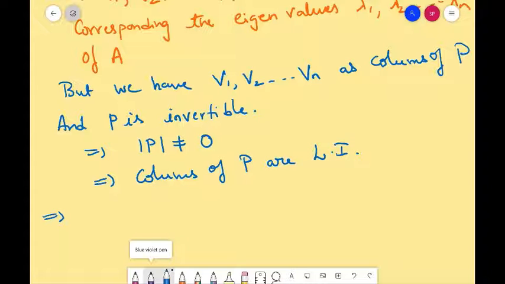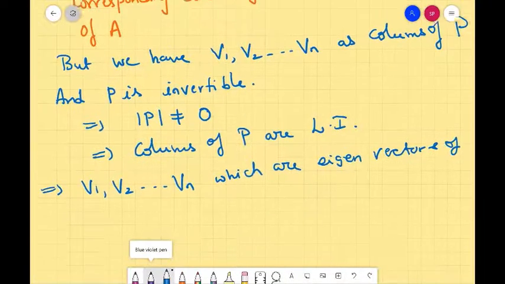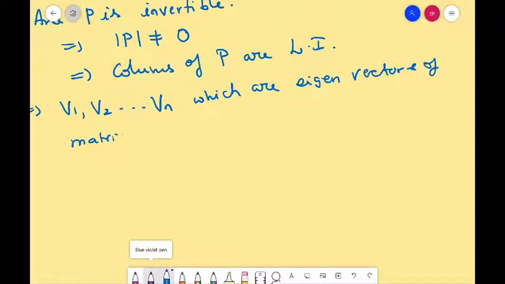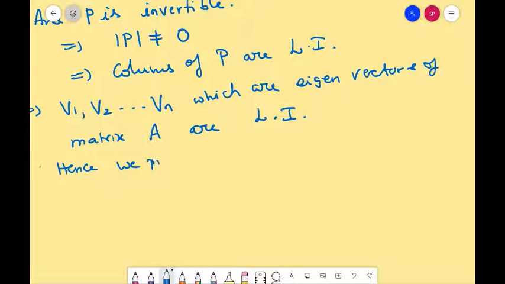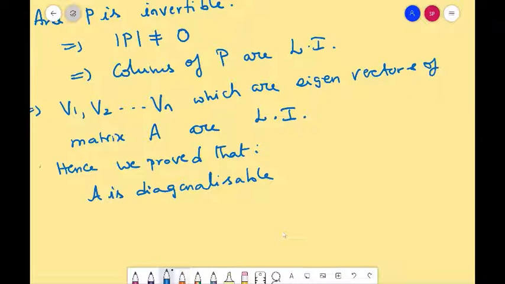That implies V1, V2 and so on Vn, which are eigenvectors of matrix A, are linearly independent. Hence, we proved that A is diagonalizable implies eigenvectors of A are linearly independent.